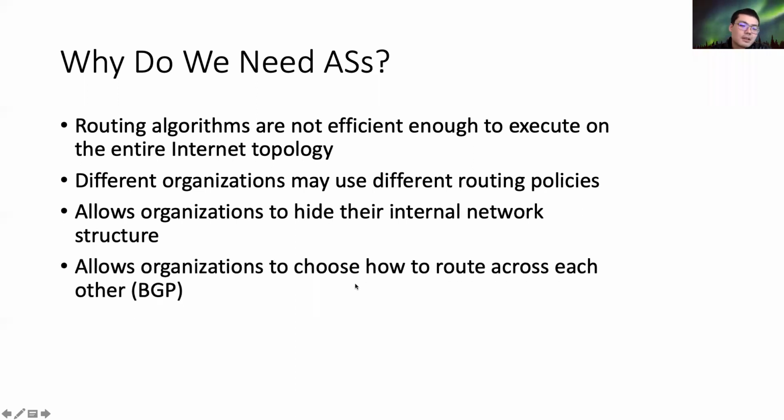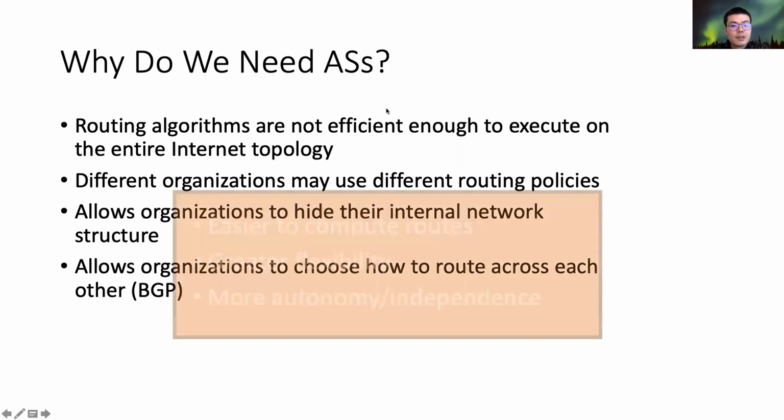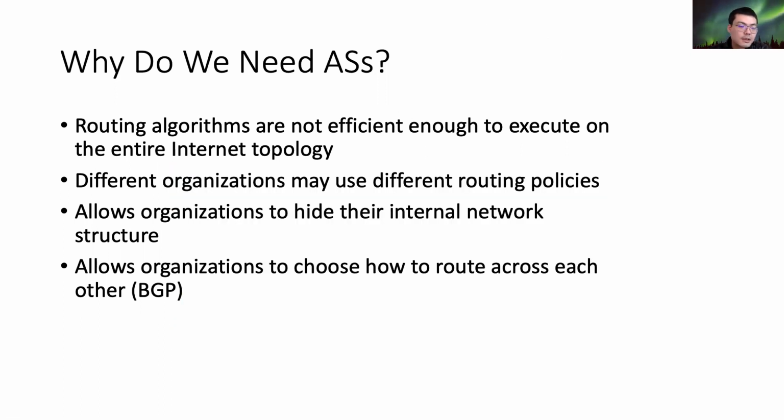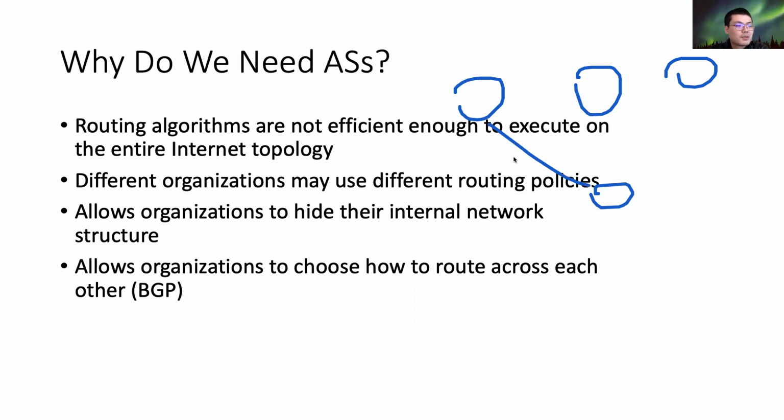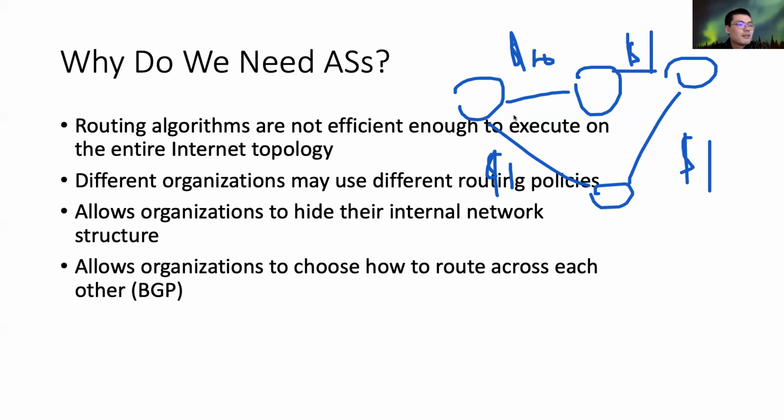It also allows organizations to choose how to route across each other. This is actually part of BGP. For example, if you have 4 AS, and you route to here for $1, and to here for $1, but if you route through here, this is $10, and for here is $1, maybe you will never route through this route.